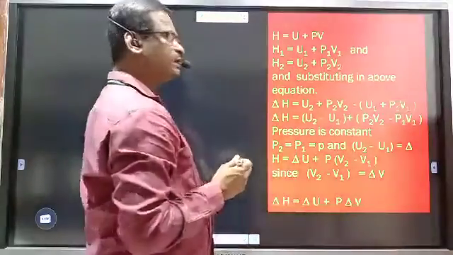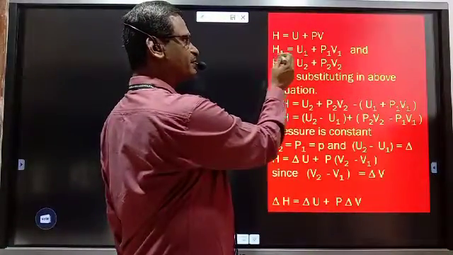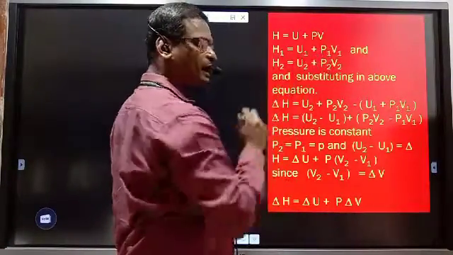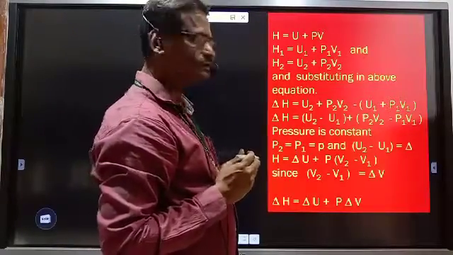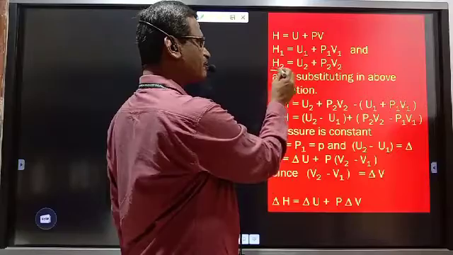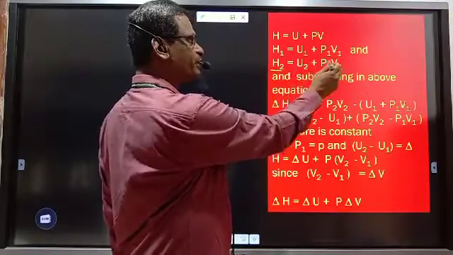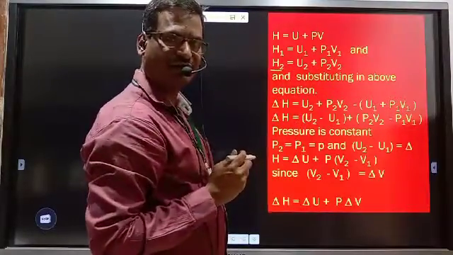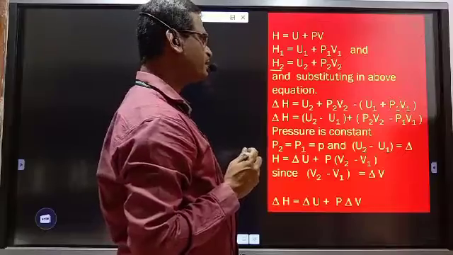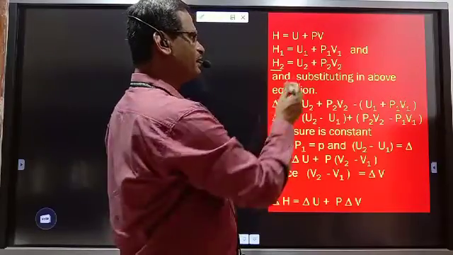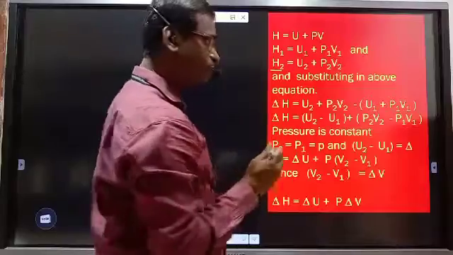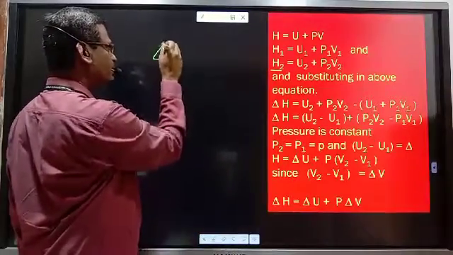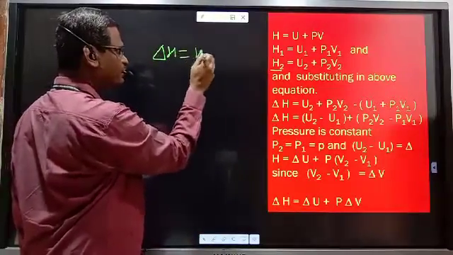Because H1 is the enthalpy in the initial state, U1, P1, V1 are the internal energy, pressure and volume in the initial state of the system. H2 is the enthalpy in the final state, and U2, P2 and V2 are the internal energy, pressure and volume in the final state of the system.